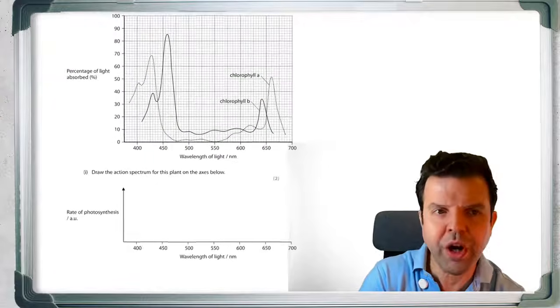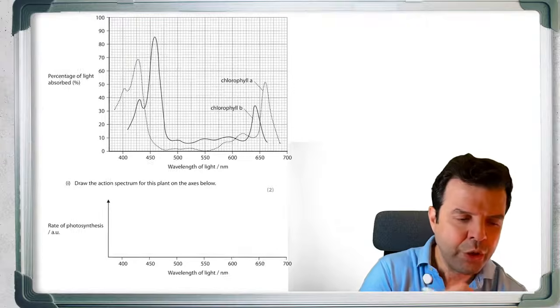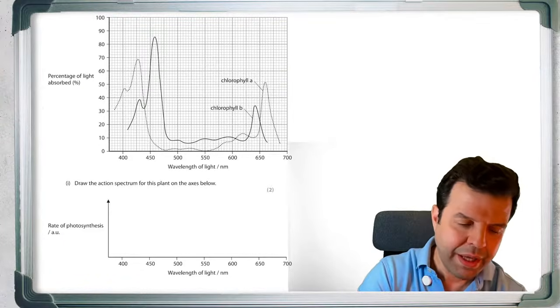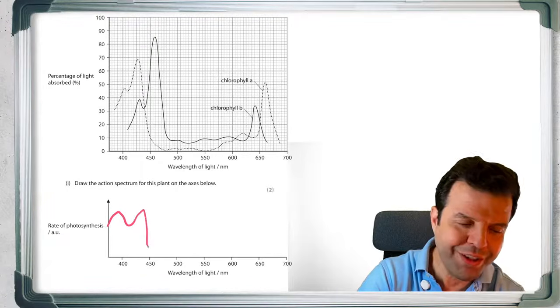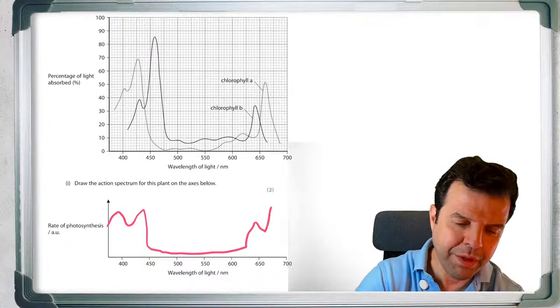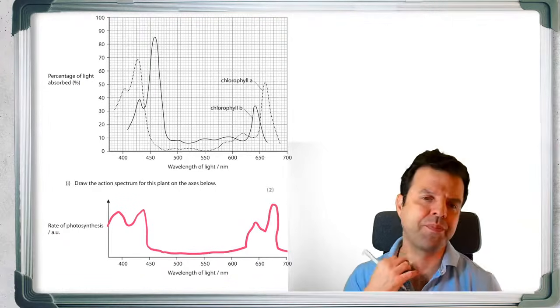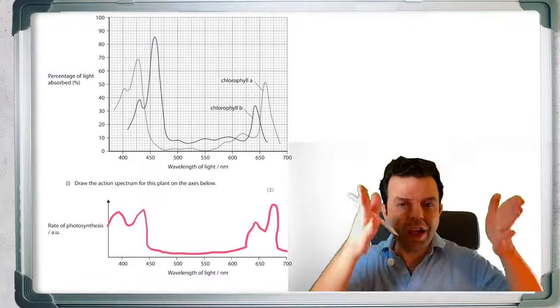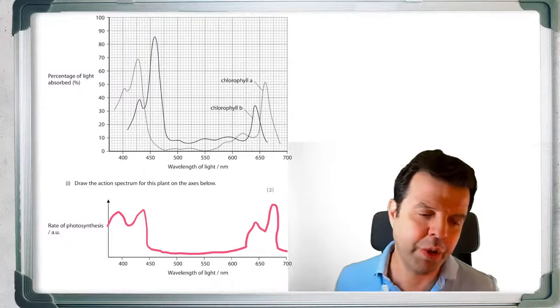So very simple. Look, you take that same graph on top, and you repeat it at the bottom. You just have to follow the same pattern and you're done. Okay? You just need to show that they perfectly align and correlate.